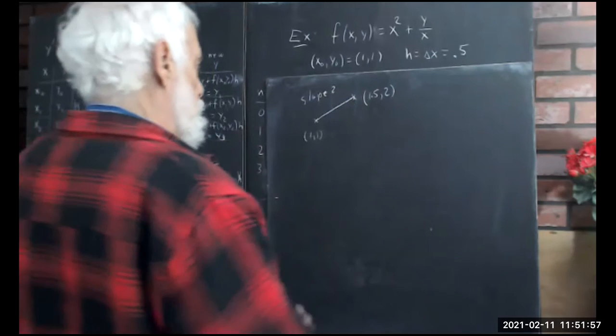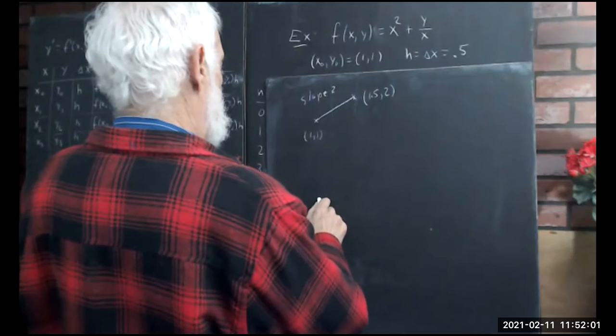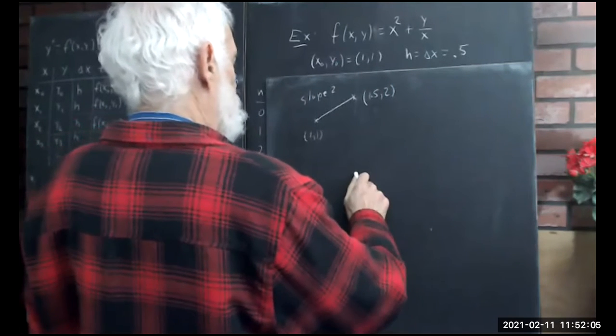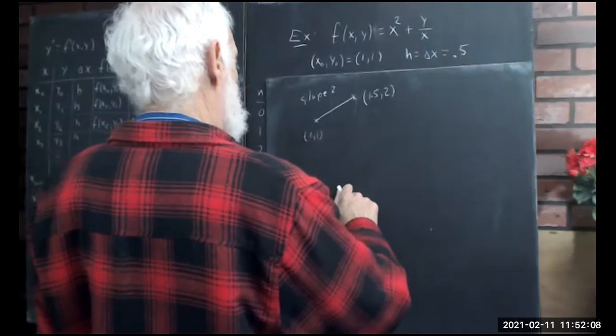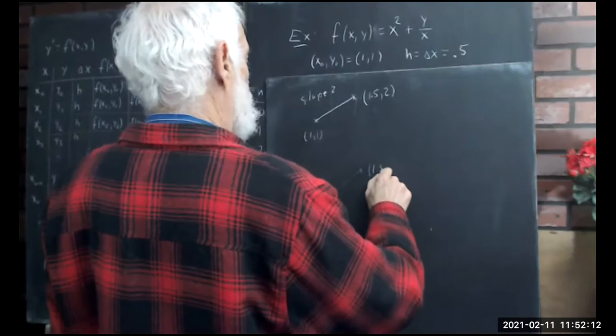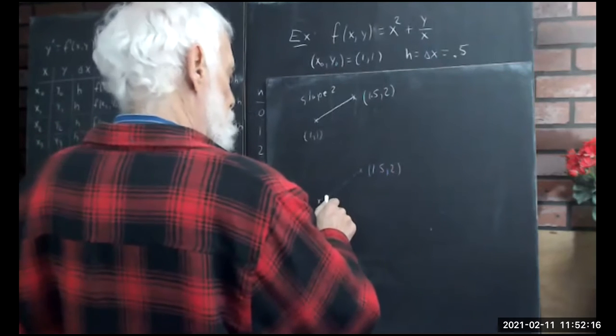The same approximation here. Now, if I draw this dotted line out here to 1.5, I can now compare what happens.